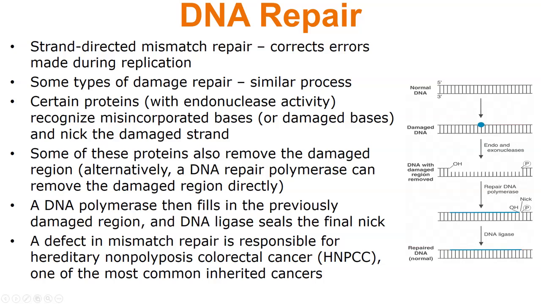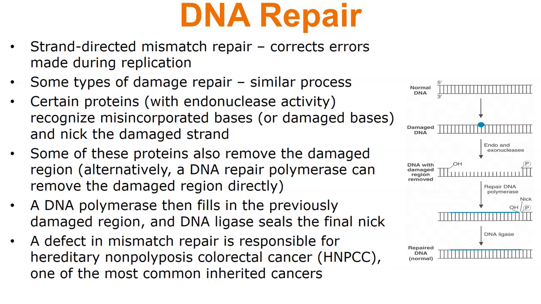I've used the term exonuclease already, so let me explain what I mean by endo and exonuclease, because I'm going to use these again. Exonuclease always acts on the very end of a molecule, either the 5' end or the 3' end. Endonuclease cleaves somewhere in the middle. That's the difference.